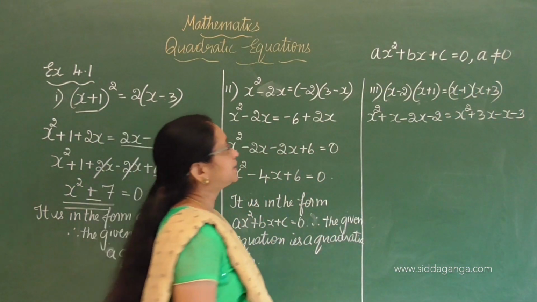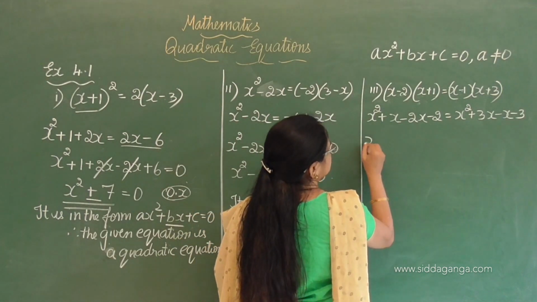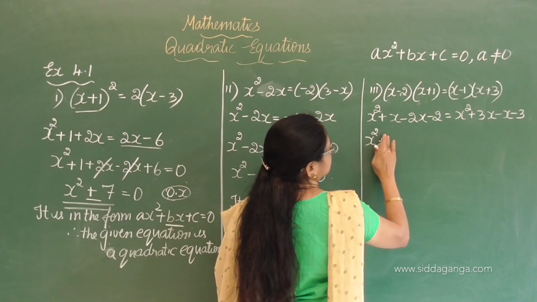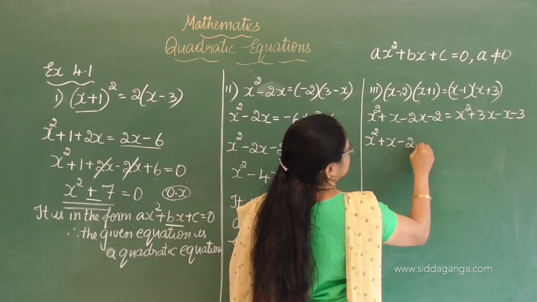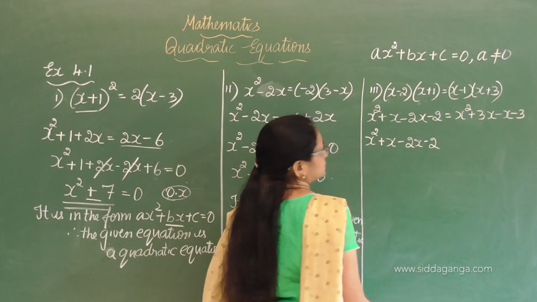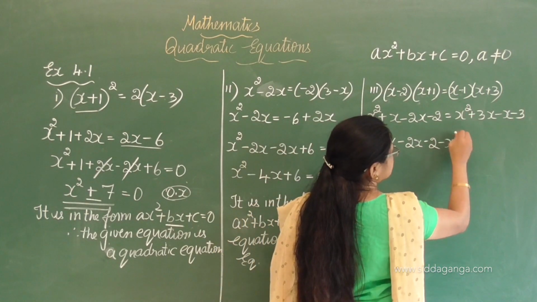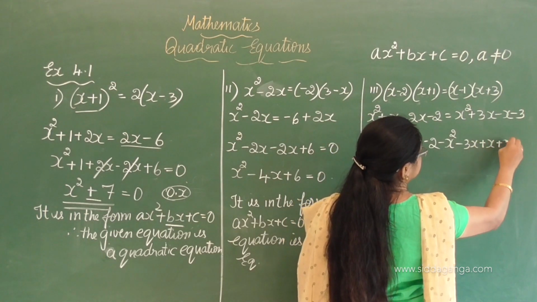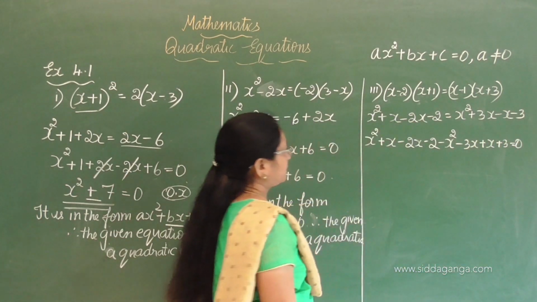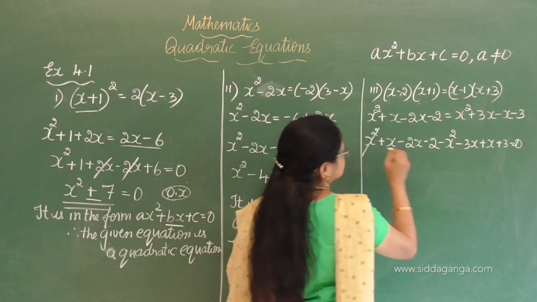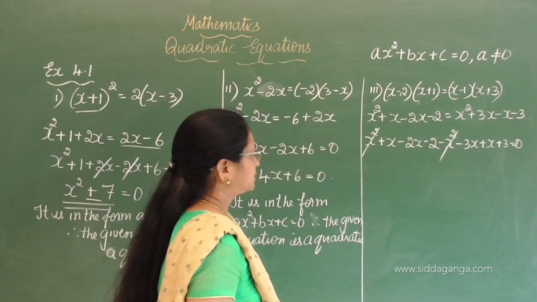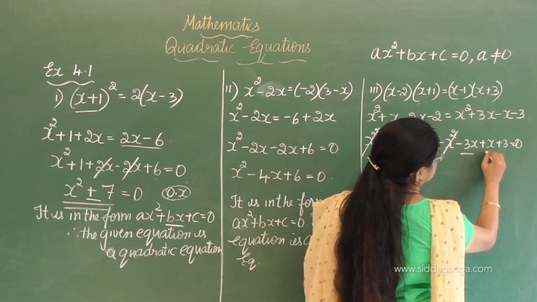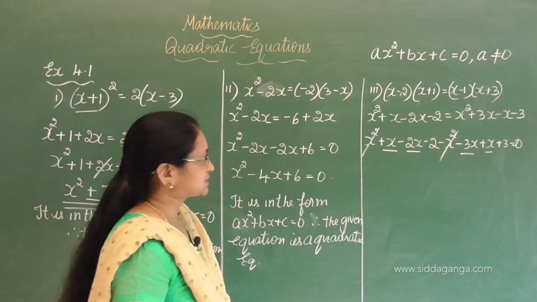Simple multiplication. Now, we will just try to bring the equation to the standard form, minus x square minus 3x plus x plus 3 is equal to 0. Now, see here you can cancel x square and minus x square, and minus 2x, minus 3x and x. See here all these are x term.